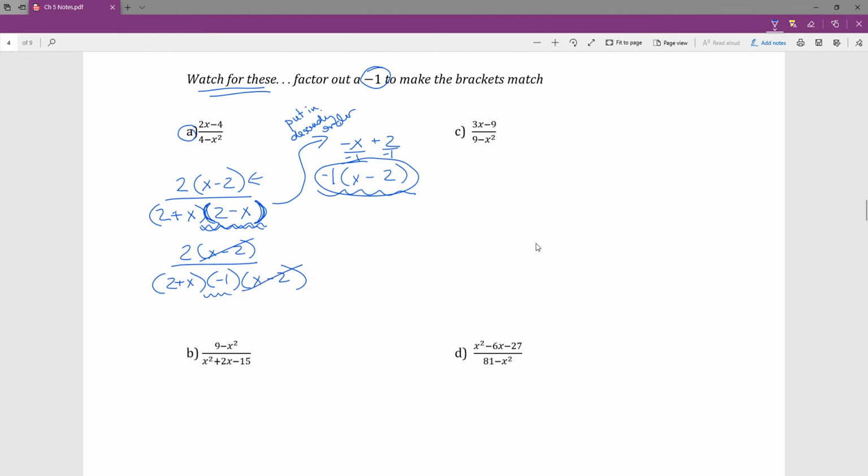So for my final answer, kind of like when we were dealing with fractions before, it doesn't matter where that -1 or that negative sign is, your final answer would be -2 over 2 plus x. And if you want, that negative can go with the top, that negative can go with the bottom. You could leave it here in the brackets. That's all cool.